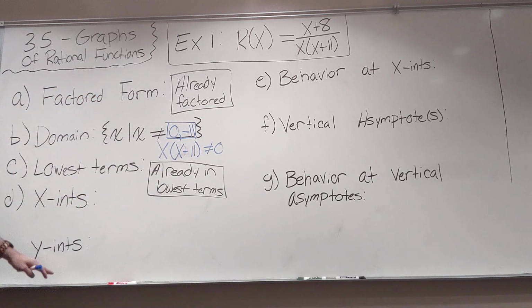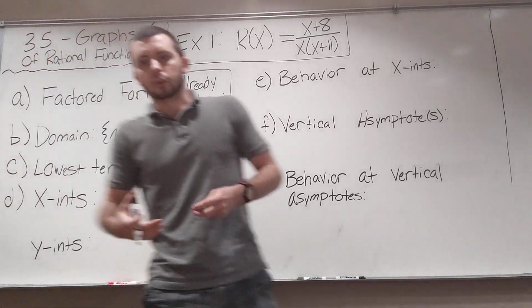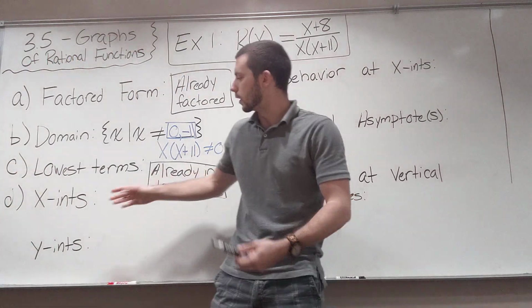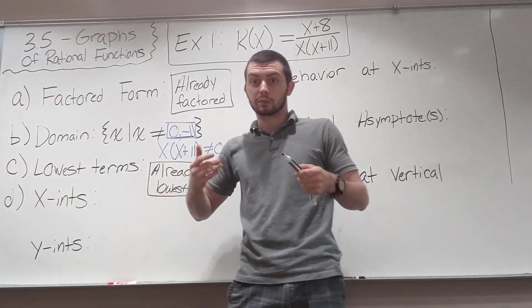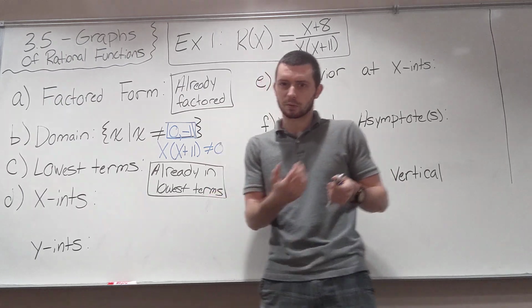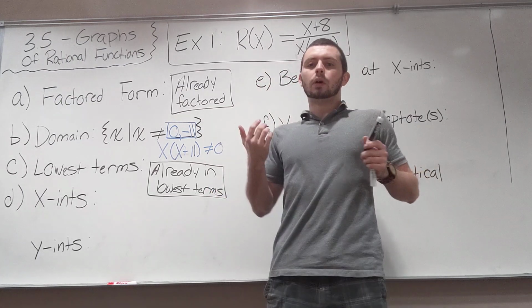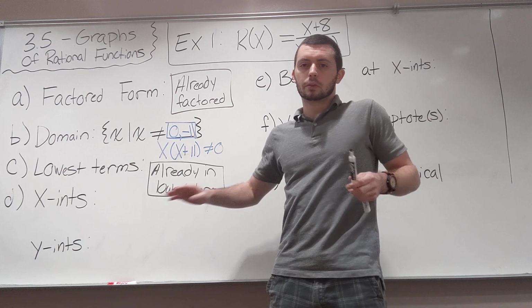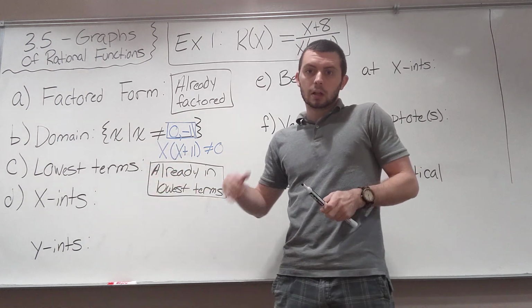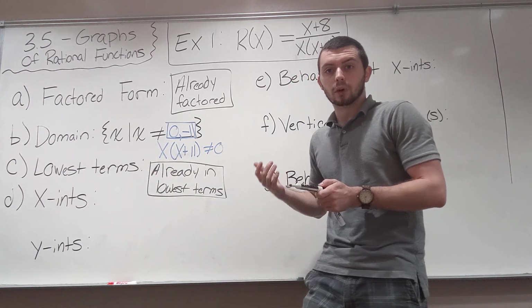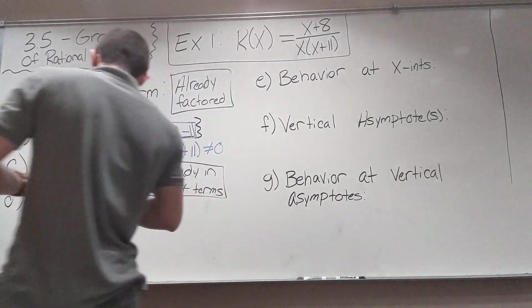Now we move on to the x- and y-intercepts. Keep in mind, the x-intercepts are also the zeros. Remember that terminology from before? We still find it the same way. To find an x-intercept, you set y equal to 0 and you solve for x.